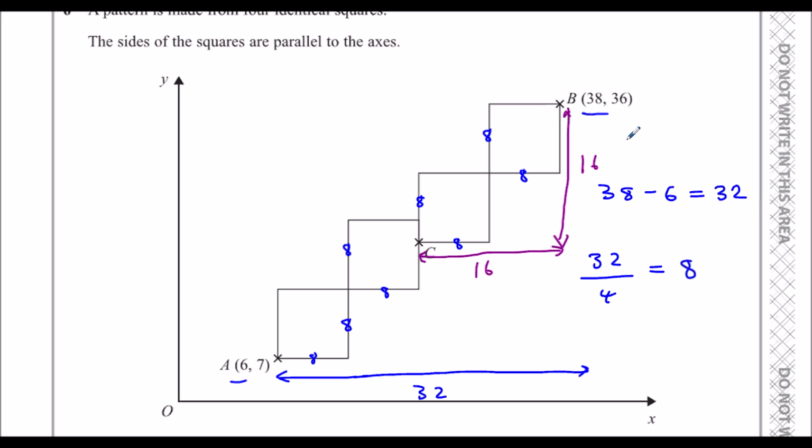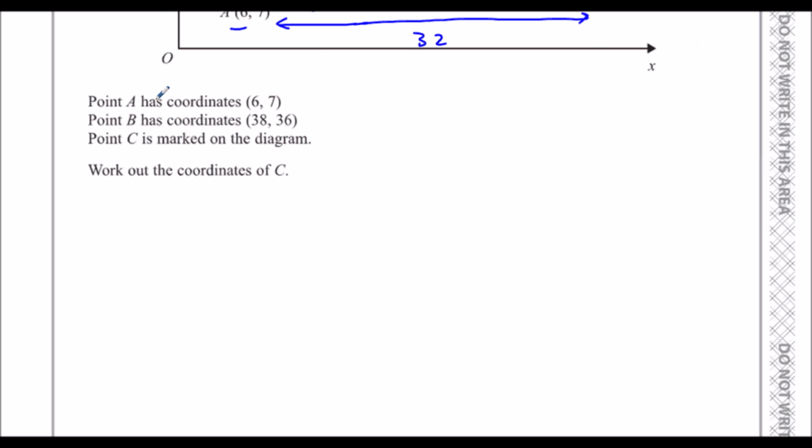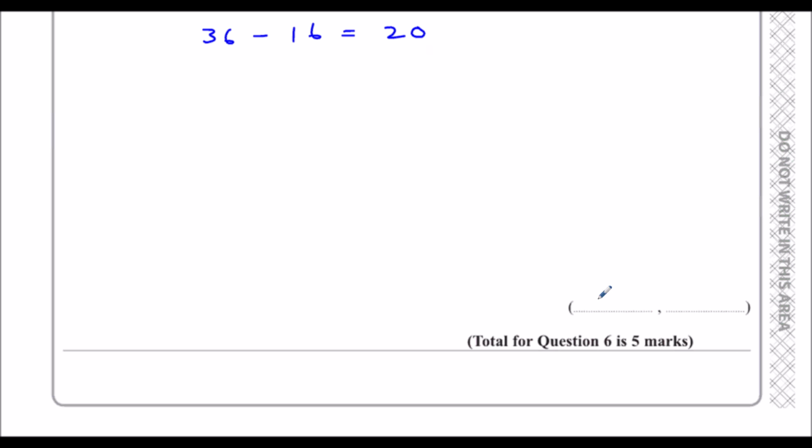So we're going to take 16 away from B's coordinates, and that will tell us where C is. So we've got 38 take away 16 for the x-coordinate, which is 22, and 36 take away 16 for the y-coordinate, which is 20. So we're at 22, 20.